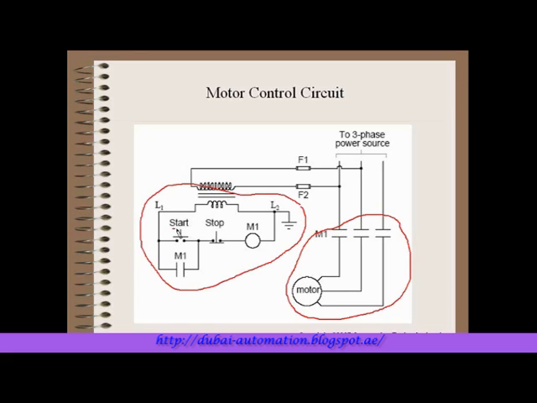You have your start push button, a stop push button, and then a typical relay with a seal-in contactor, where when that relay pulls in, it seals around this momentary start push button. So that's our standard motor start-stop circuit that we have for a PLC.